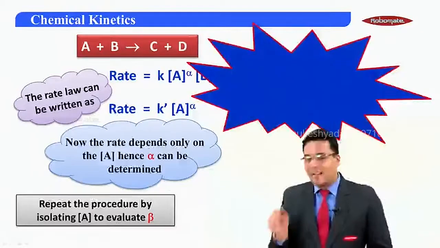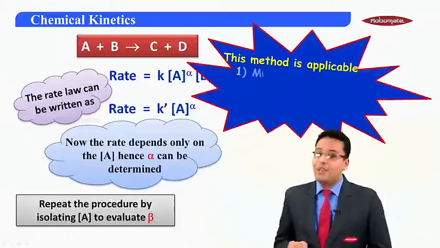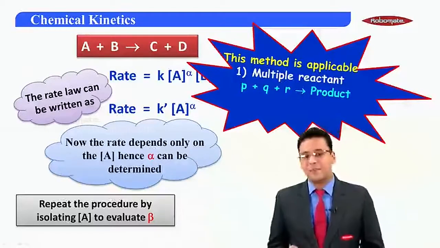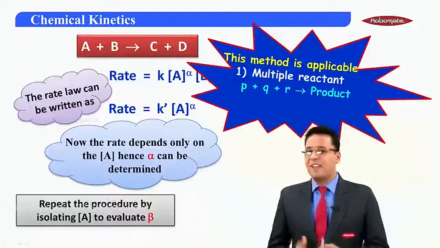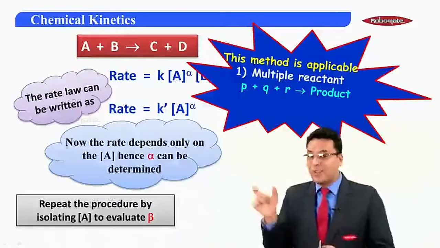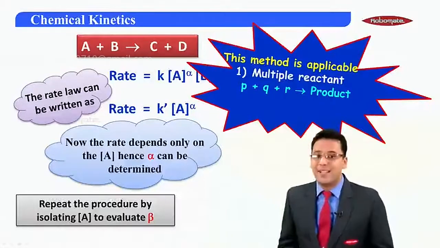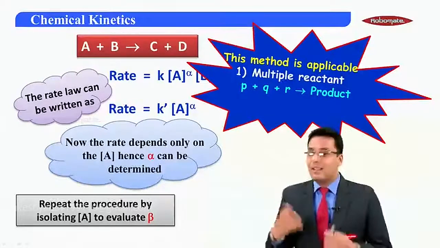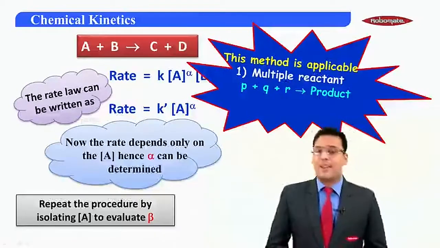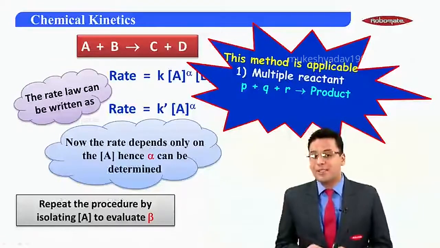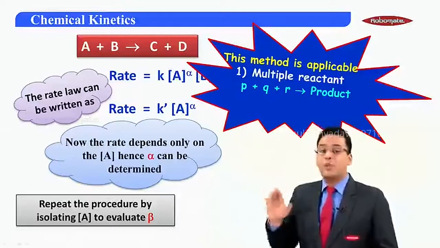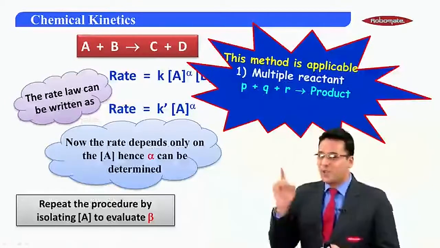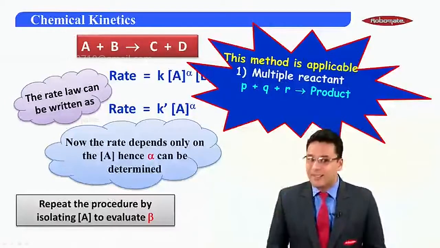Understand that this method is applicable for multiple reactants. For example, P plus Q plus R is giving products. Now what I have to do is, first I have to take Q and R in excess, which means the rate will depend only on the concentration of P. So I can find out order with respect to P. Then I will take P and R in excess and I will find order with respect to Q. Similarly, then I will take P and Q in excess and I can find out order with respect to R. So I can use this isolation method for multiple reactants.